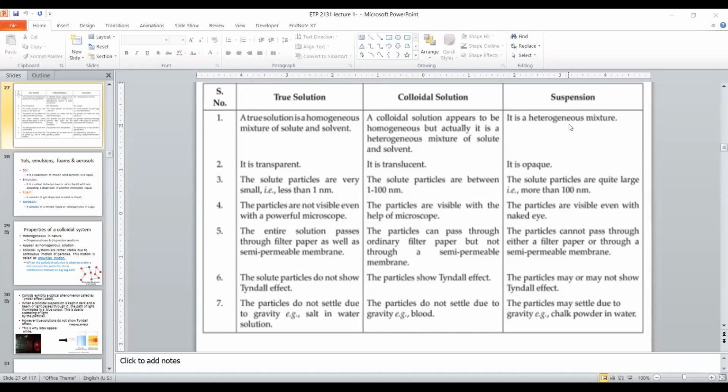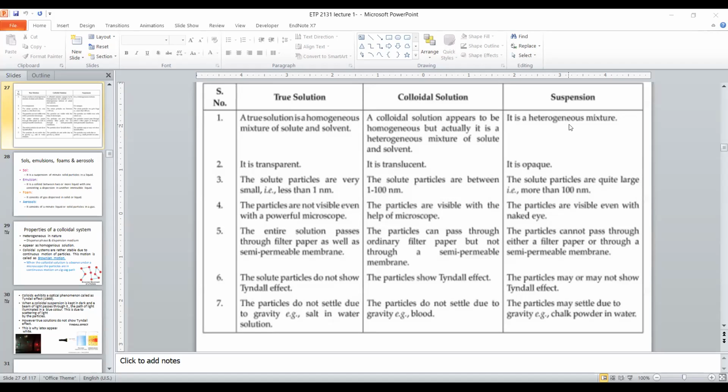In the third one, the solute particles are very small in true solutions. And in colloids, it is typically between 1 to 100 nanometers in the case of inorganic particles.